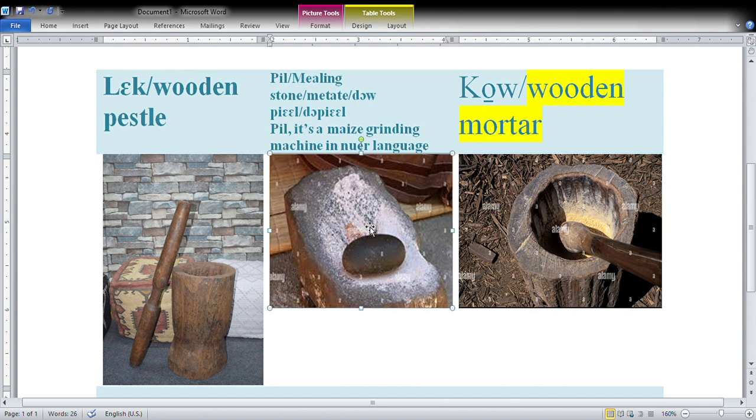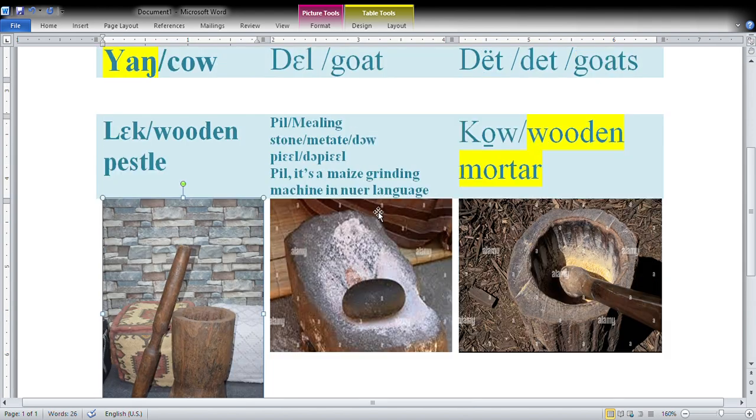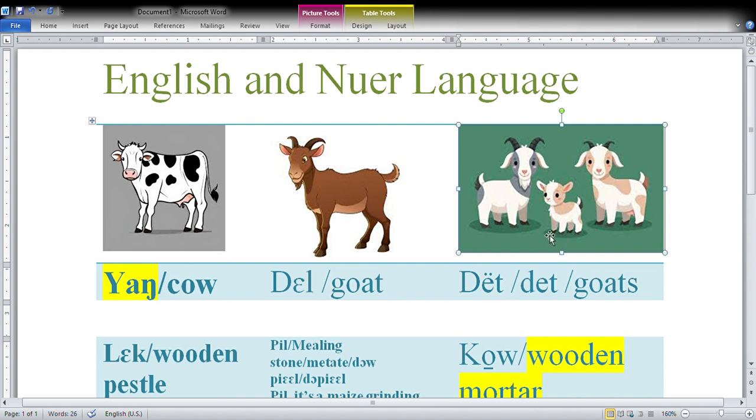Name shale milling stone ke method ala grinding machine. Name shale leg ke wooden pestle. Name point the cow. These are goats.